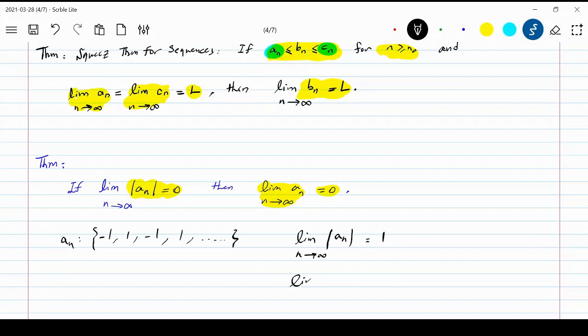But you can't say anything about the limit of an as n approaches infinity. It does not exist, I should say, because you don't know if the answer is 1 or -1. Because they alternate. So it is important that you use this theorem only if the result is 0. Okay.